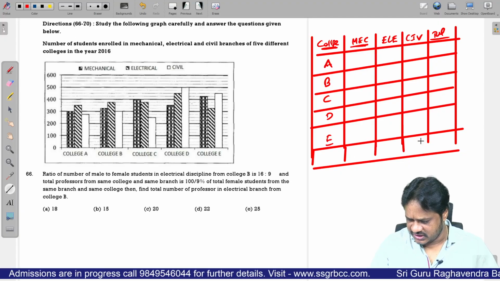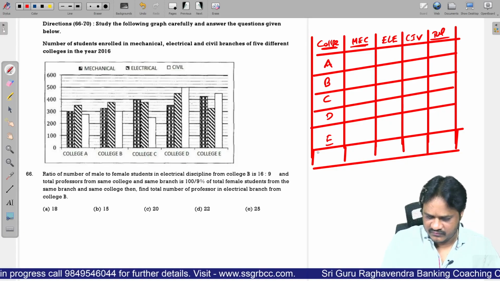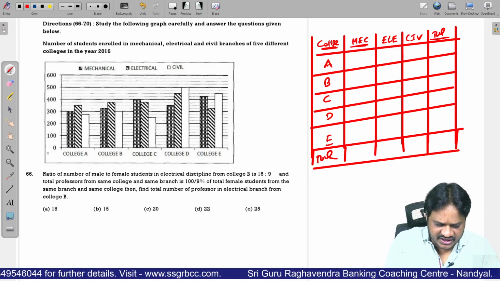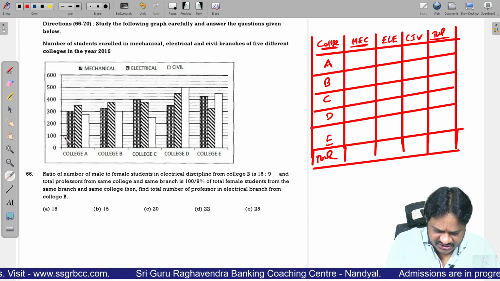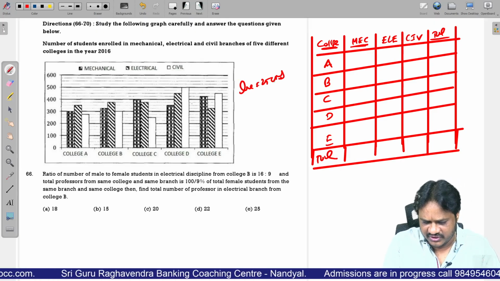Now, in between we have some lines. See, first line, second line, third line: 25, 50, 75, 100. So each line is equal to 25 units.